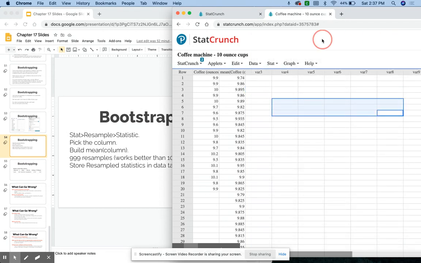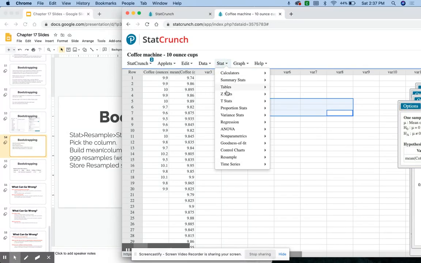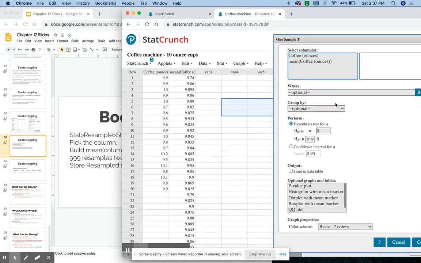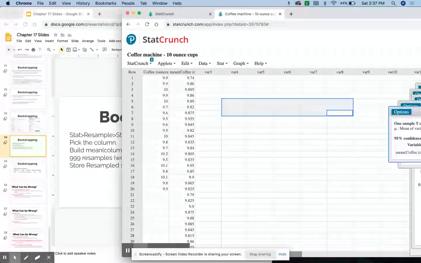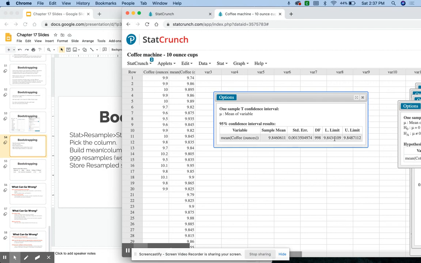For this, it has, oh my gosh, StatCrunch, you're ticking me off today. T Stats, One Sample with Data, mean, confidence interval, Compute. When I do that, let me move it over here. I get 9.84 to 9.84.